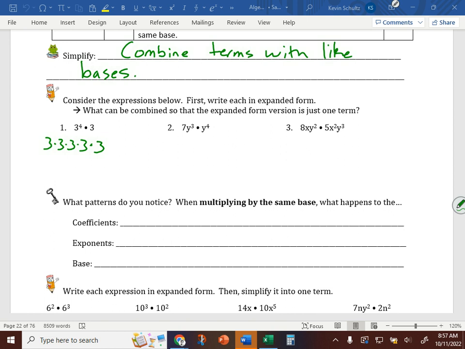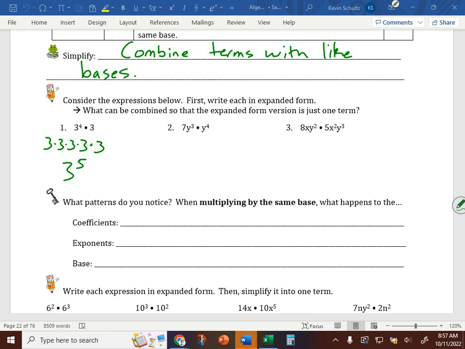How many 3's do we have all being multiplied together here? 5. So what would the term be using an exponent? 3 to the 5th. So the expression 3 to the 4th times 3 can be simplified to be 3 to the 5th.